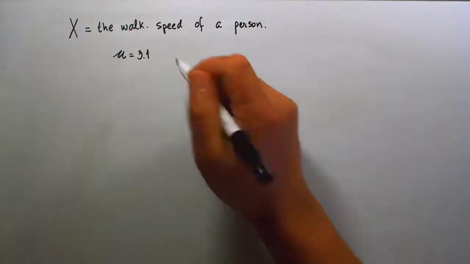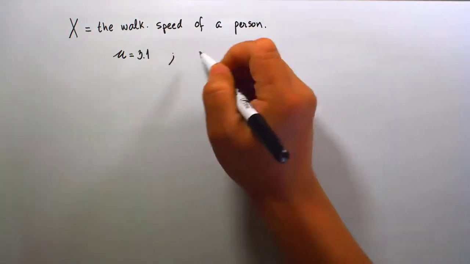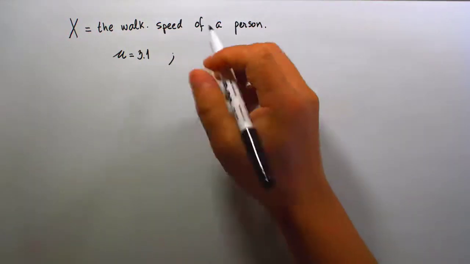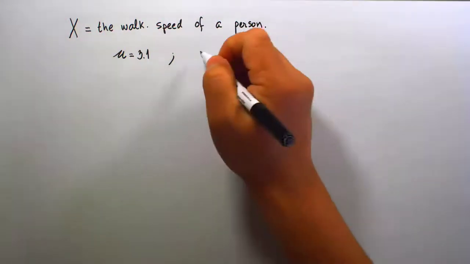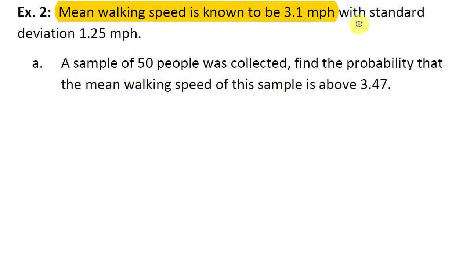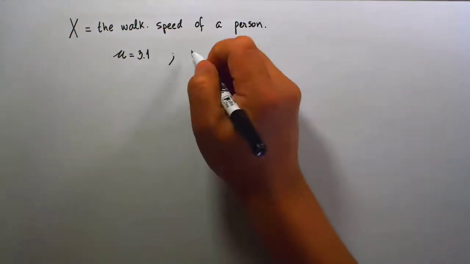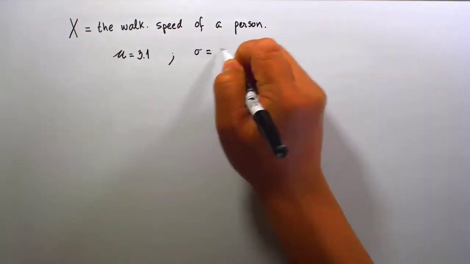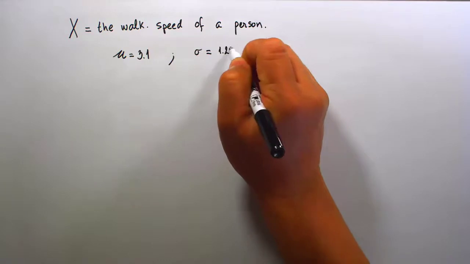Further, once we had the center, we know the average spreading, or formally the standard deviation. This standard deviation of 1.25 miles per hour came attached as part of our beginning description, and so this is clearly a population standard deviation, being 1.25.